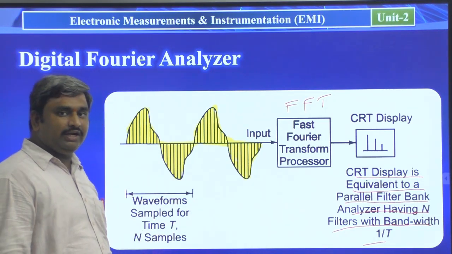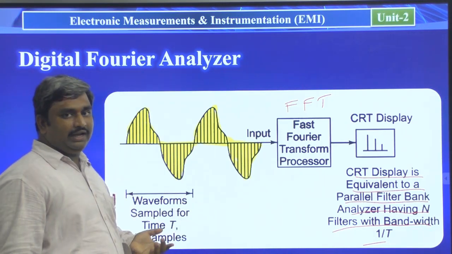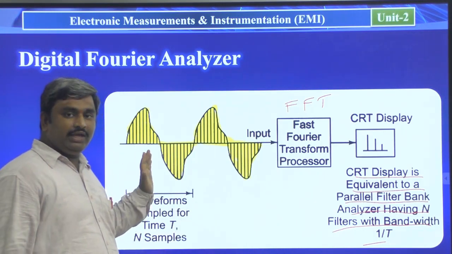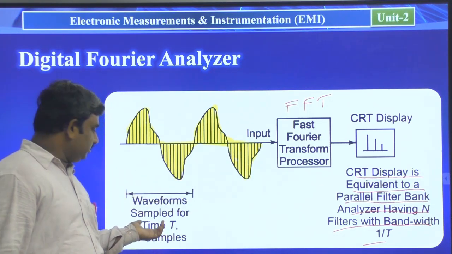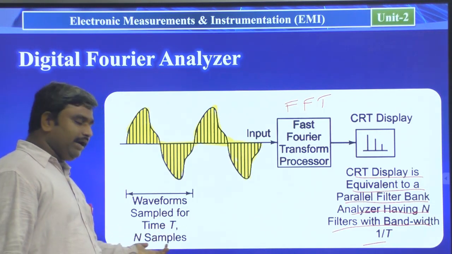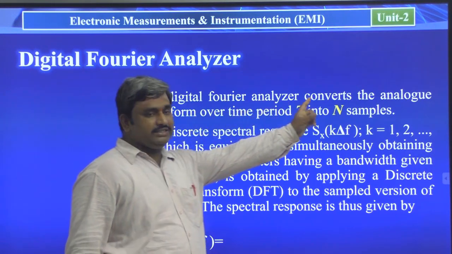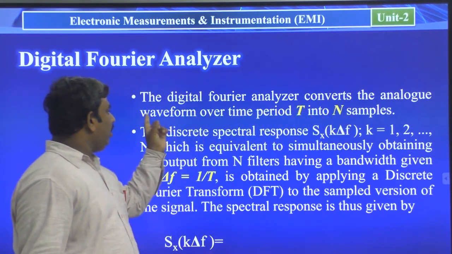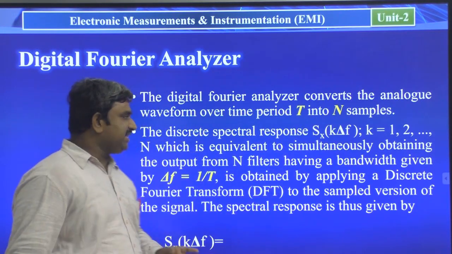Let us see the theoretical description of this digital Fourier analyzer. Remember, we are giving an input signal, a sampled signal with time t and n number of samples. The digital Fourier analyzer converts the analog waveform over time period t into n samples.